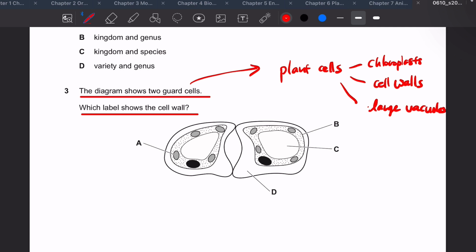So let's have a look at this. This is the nucleus, the biggest circle-like structure. And these are chloroplasts.